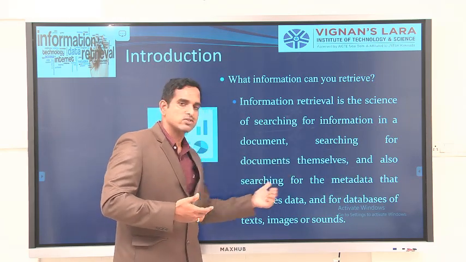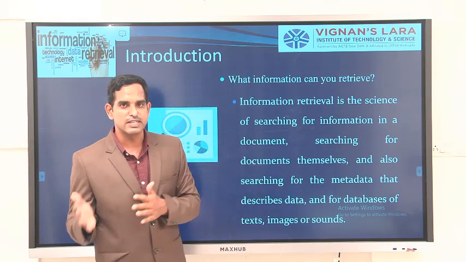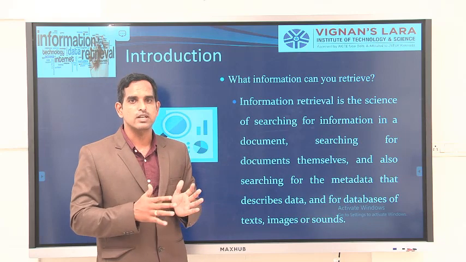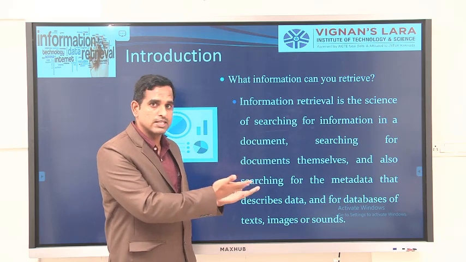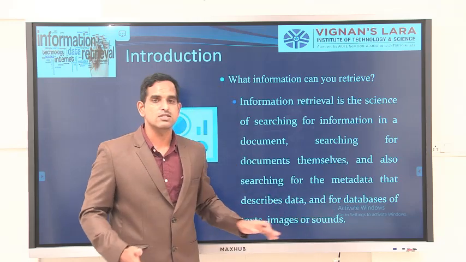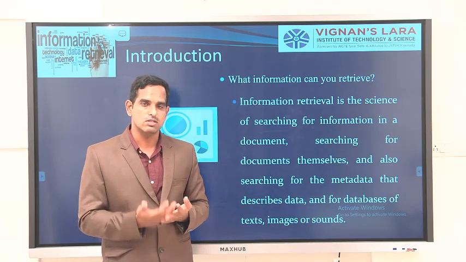Next, you might also be searching for the metadata of some particular thing. I think you might know this from databases, where metadata is data about other data. Next, you might be searching for databases of text, images or sounds.